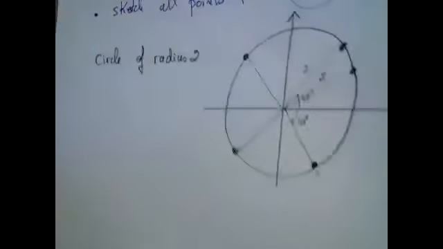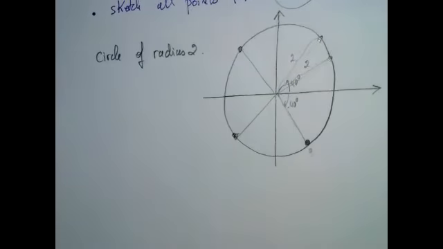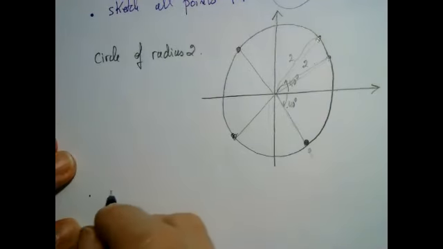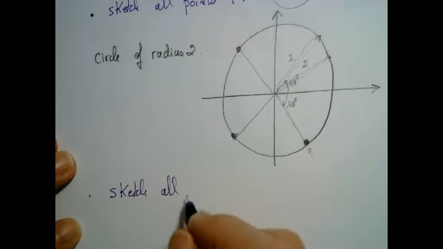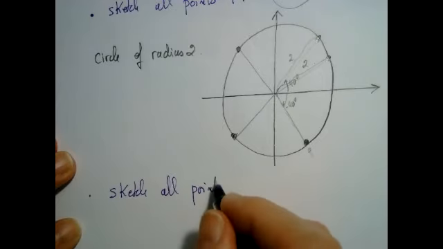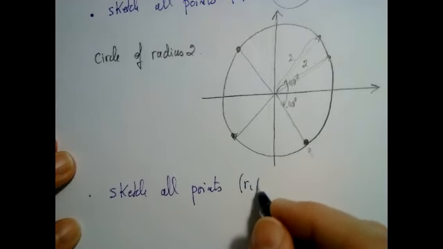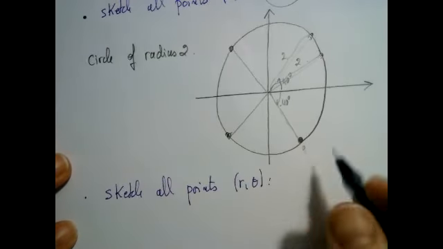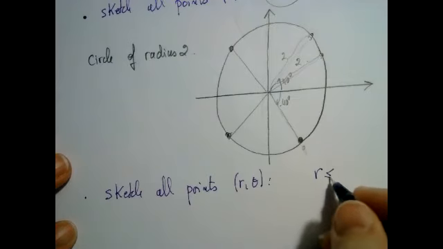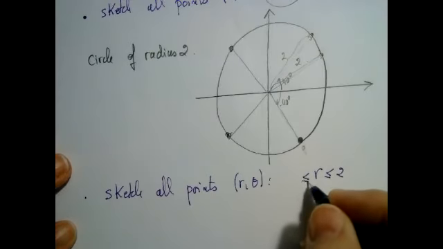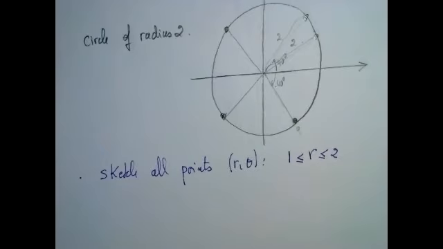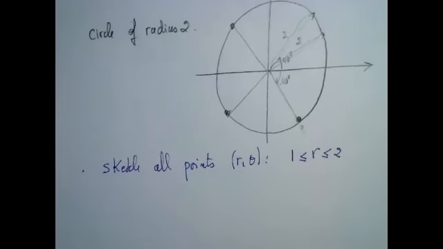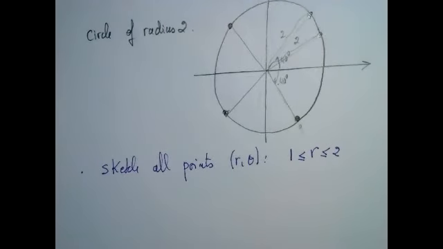Okay, I'm going to move along the same line a bit faster though. Suppose I tell you, sketch all the points (r, theta), such that r is between, let us say, 1 and 2. It means I want the radius r.